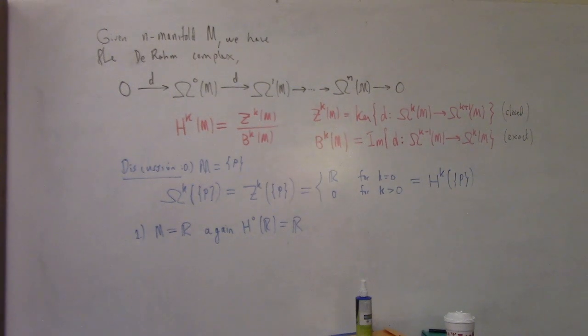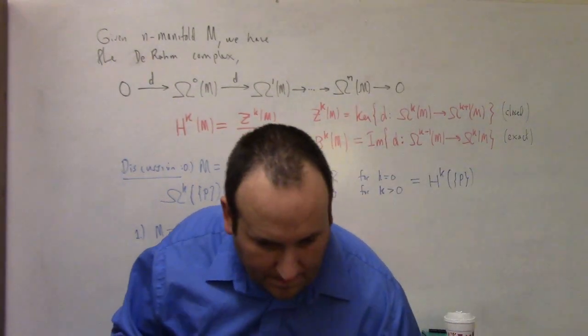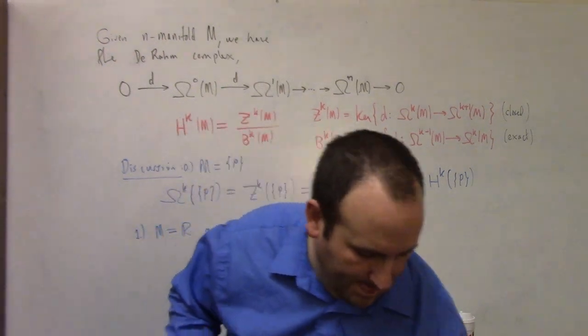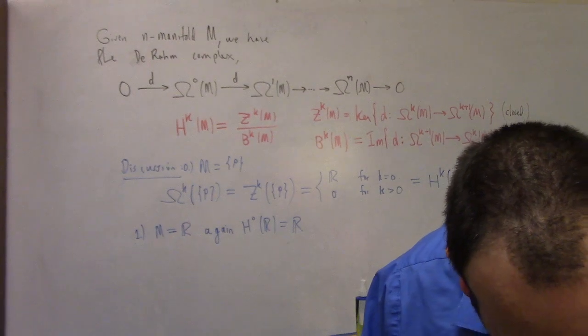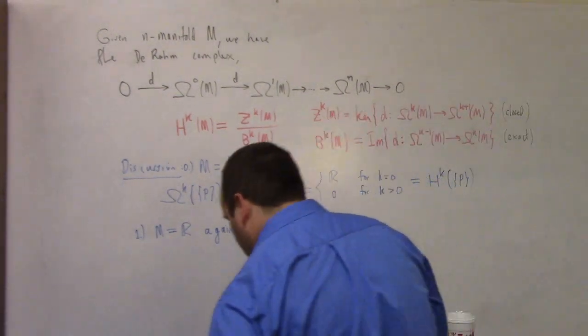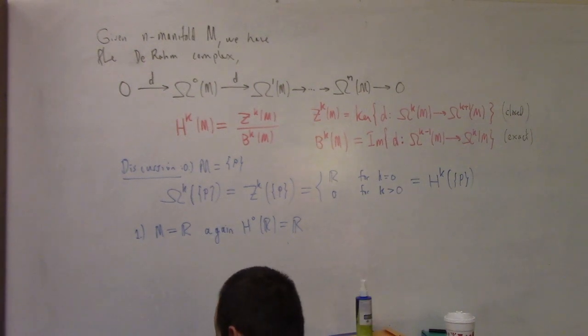Moving along. Now the exterior derivative goes from, let's see here. All right, so he's got a little bit more to say here. So what's he say here?